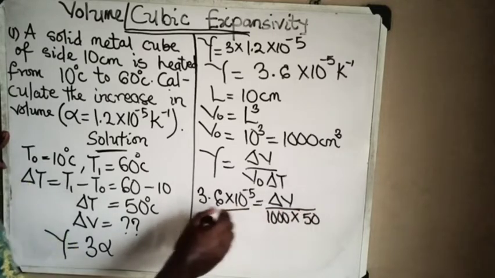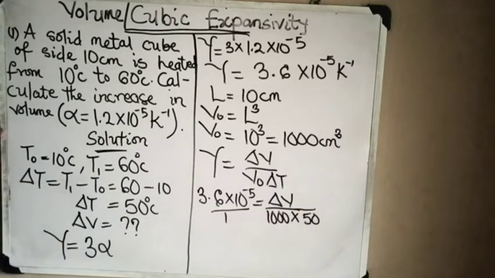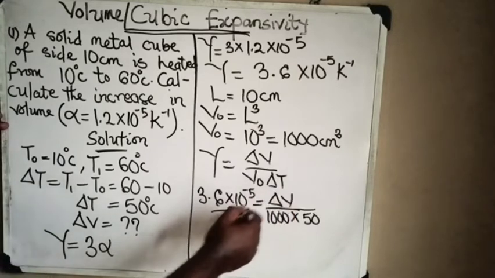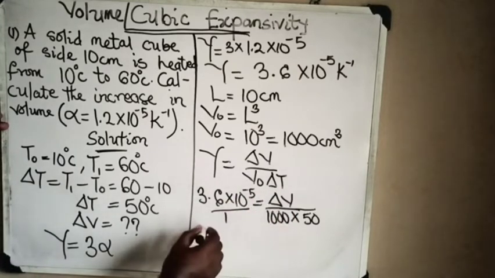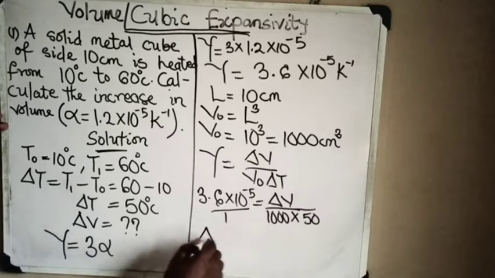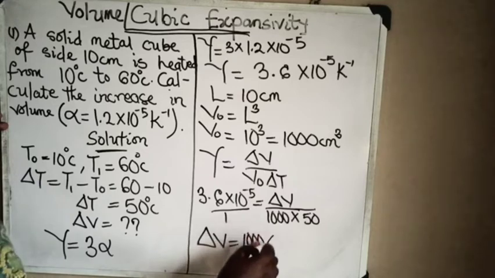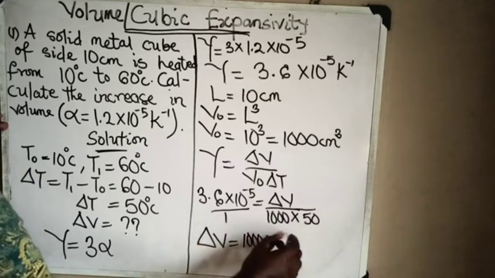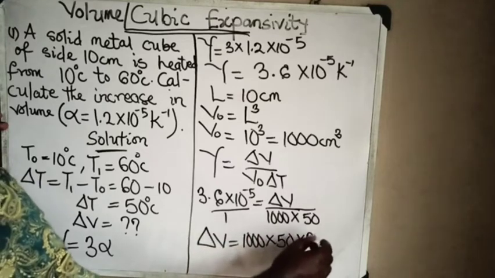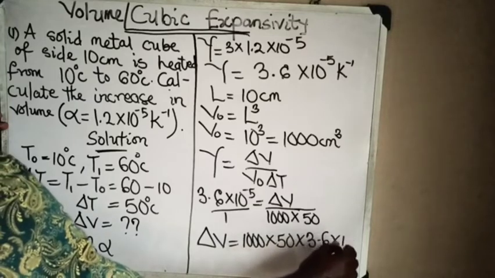I can call this all over 1 and then cross multiply. So my change in V is equal to 1000 times 50 times 3.6 times 10 to the power of negative 5.